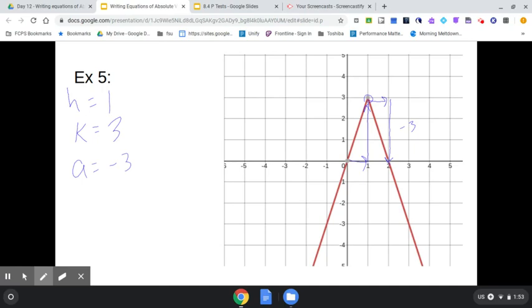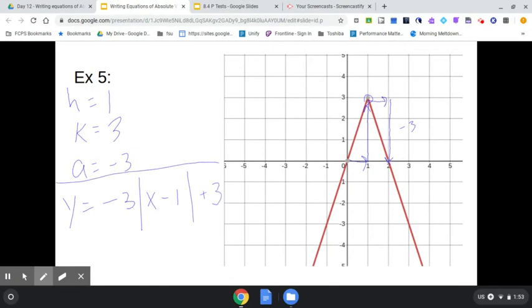So we actually have two things going on with the graph with that A. It's being reflected, so it's opening down instead of up, and there is a vertical stretch by a factor of 3. Plugging those values into the formula, -3 times the absolute value of x minus h plus k.